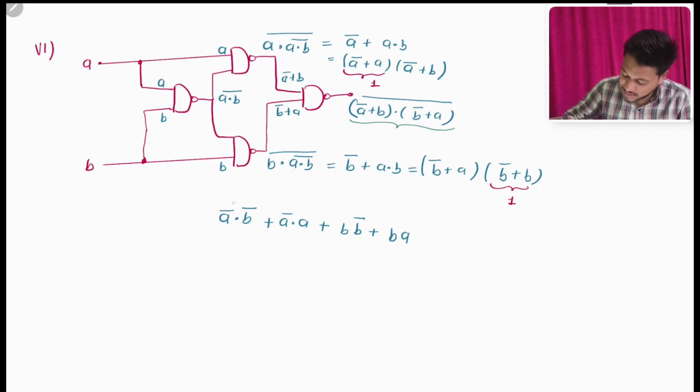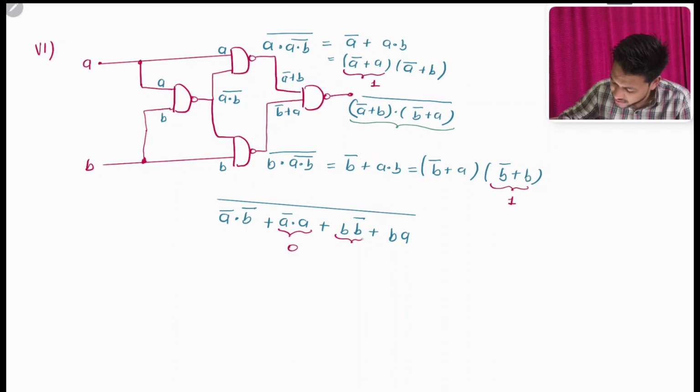So this expression, now apply bar to this. We can easily see that this part will be 0 and this part will be 0 and the left part will be (A bar B bar plus AB) whole bar.